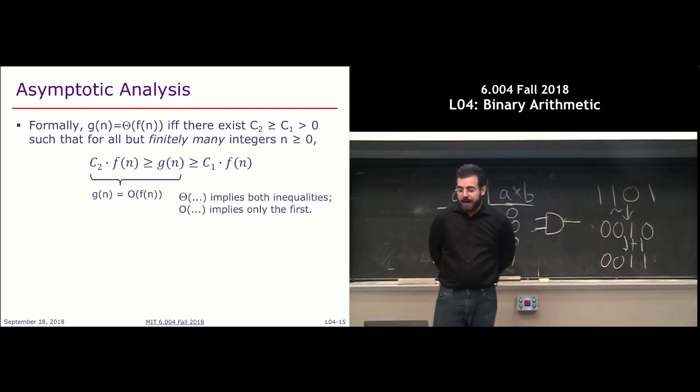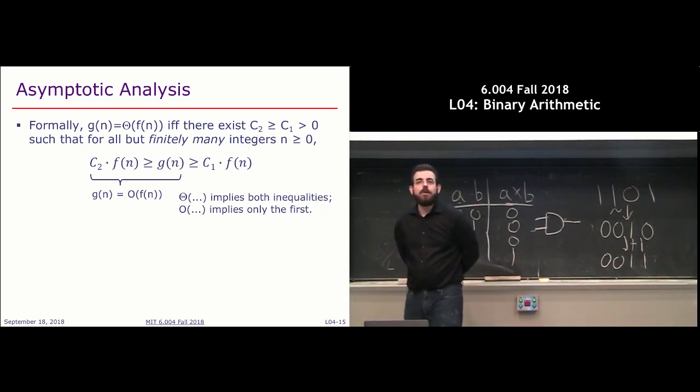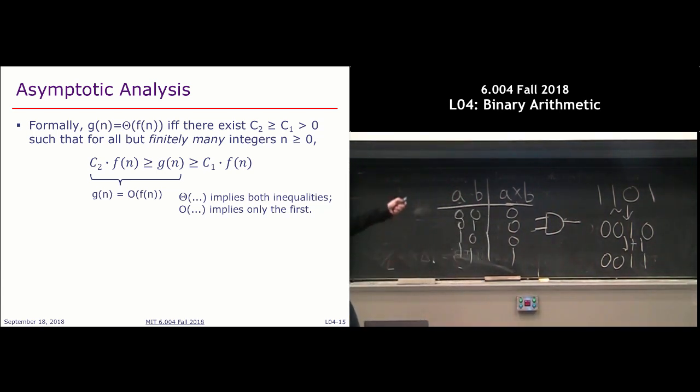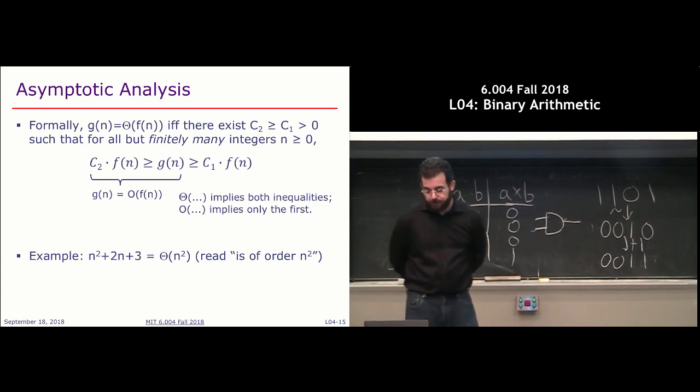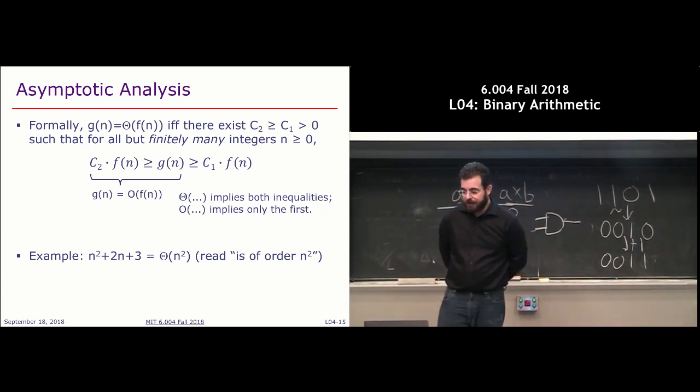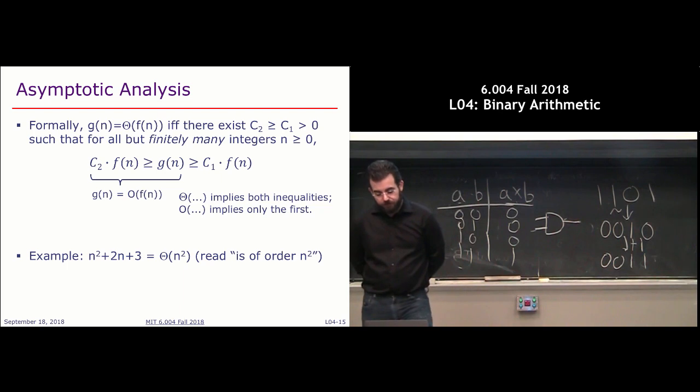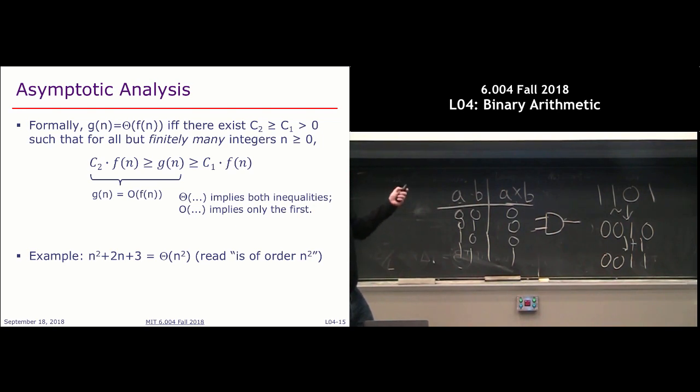And you might have seen also O of n, or big O notation. When we say that g of n is big O of f of n, it means only the first inequality, only the upper bound. Theta of n implies both inequalities. So if I give you n squared plus 2n plus 3, we say that this is of order n squared, right? Why?